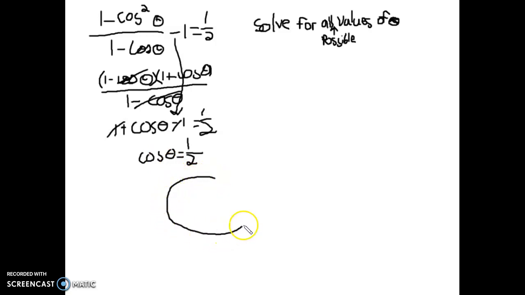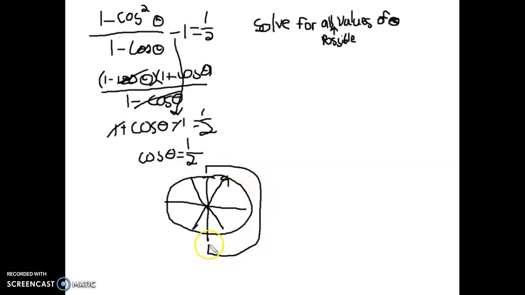And so if I could just draw a unit circle right up here, this is going to be a very bad drawing, but we can see that cosine of theta, or the x value of theta, is going to be positive only in this region, only the first and the fourth quadrant.